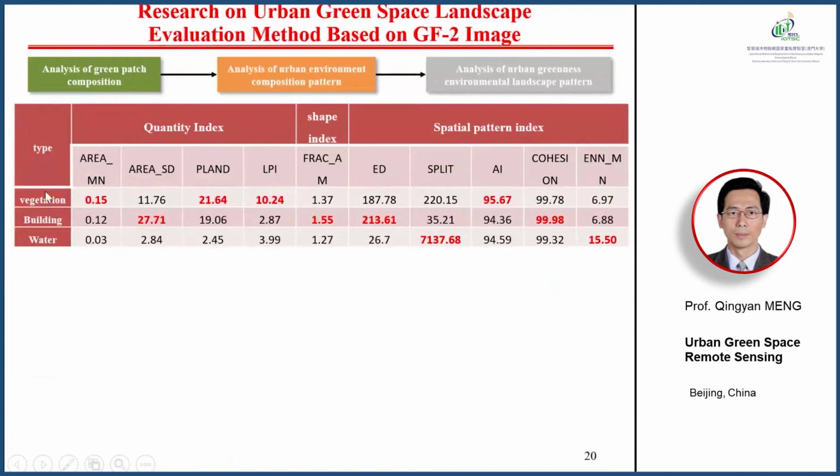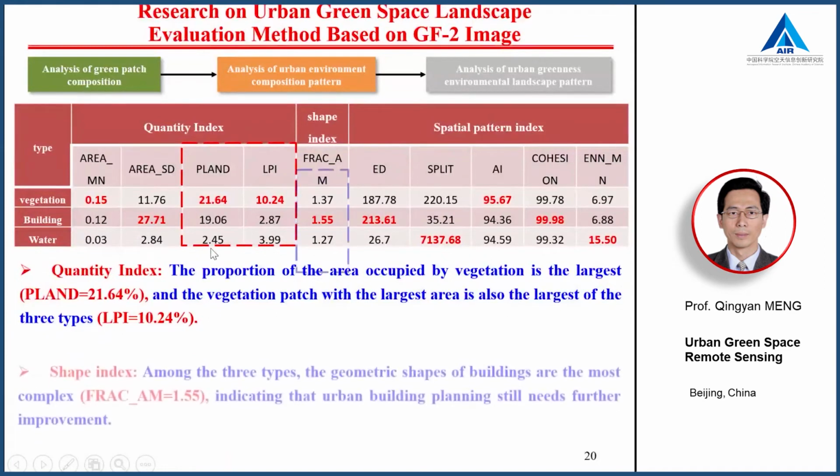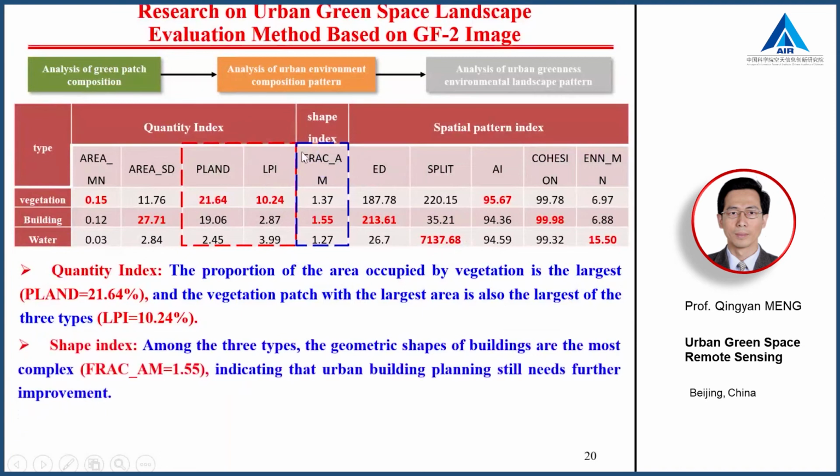Also, we use the quantitative TT index, the proportion of the area occupied by the vegetation is the largest. Yes, vegetation. And the vegetation patch with the largest area is almost the largest of the three types. And this is the flag.